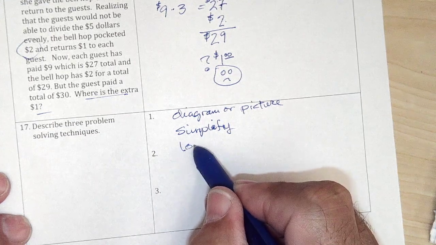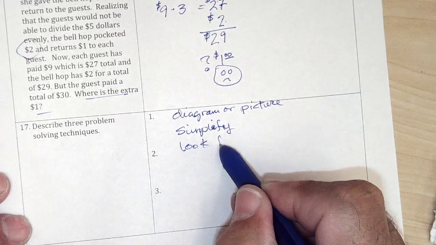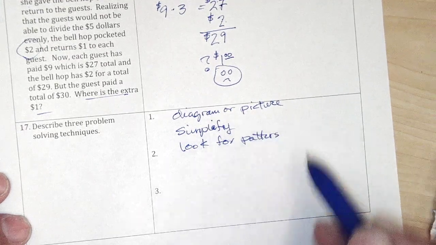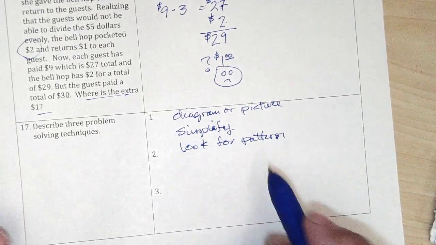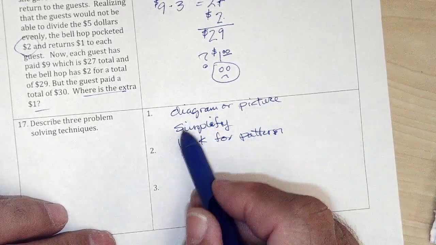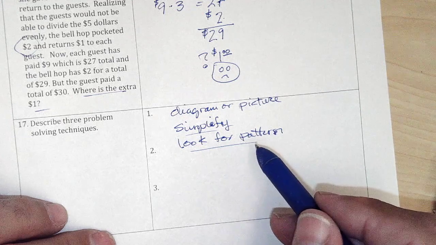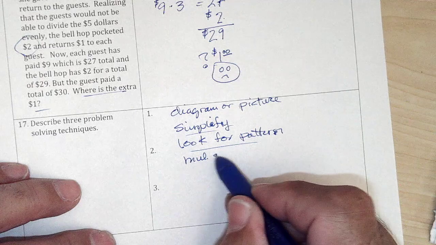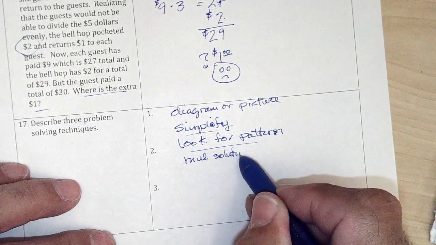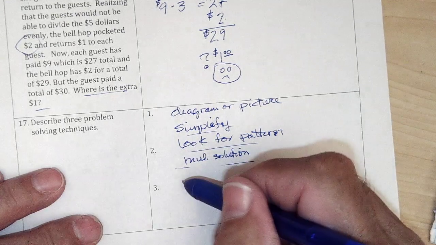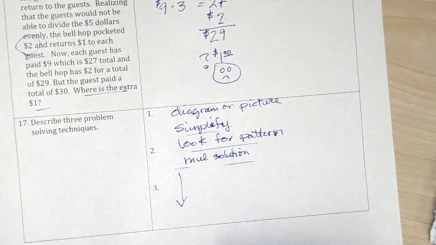Look for patterns. Let's see, what did we do here? Draw a picture, simplify, look for patterns, look for multiple solutions. And anyway, there's lots of them there that we've been talking about.